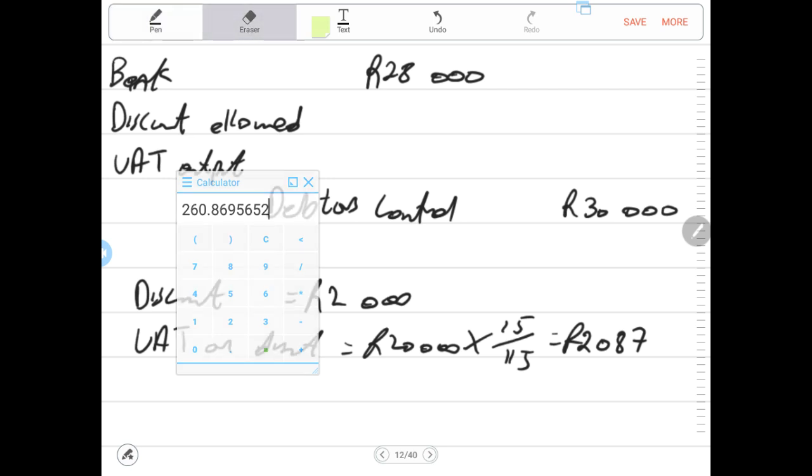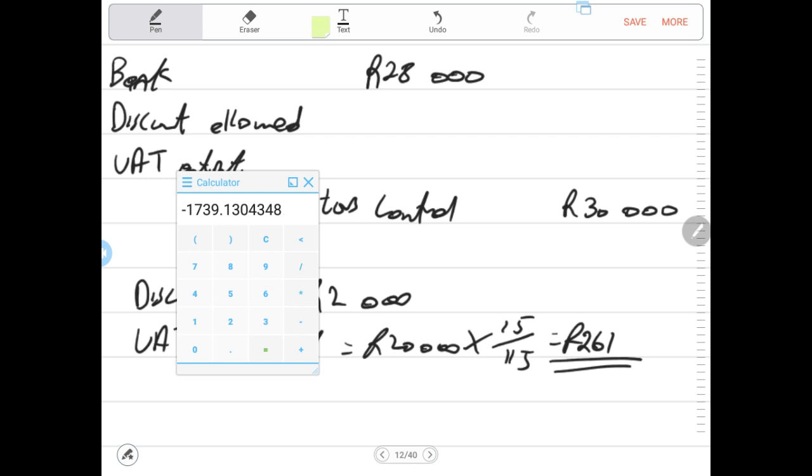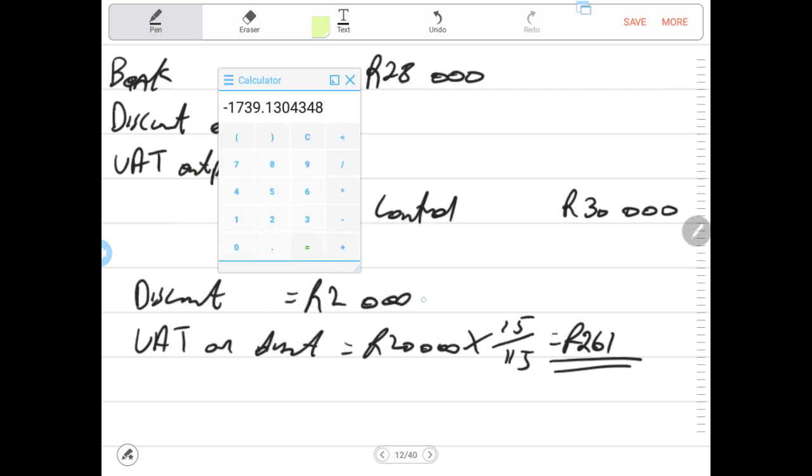We have 261 as our VAT amount. Minus 2,000. This will give us the discount excluding VAT. Discount minus VAT is equal to 1,739.